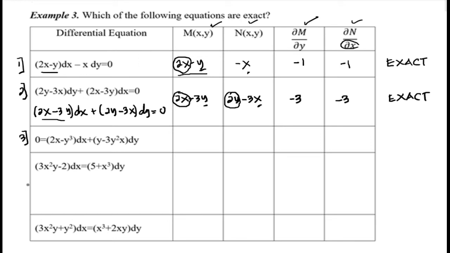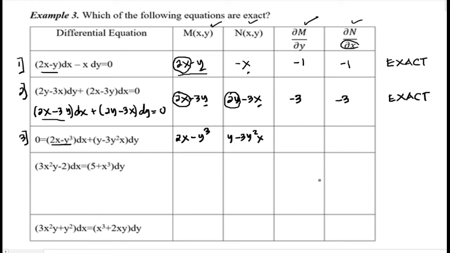We will not be confused in identifying the value for M as well as the value for N. So this is our value for M. We have 2x minus y cubed. Then, for our N, that is y minus 3y squared x.